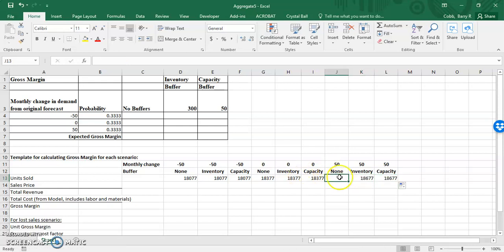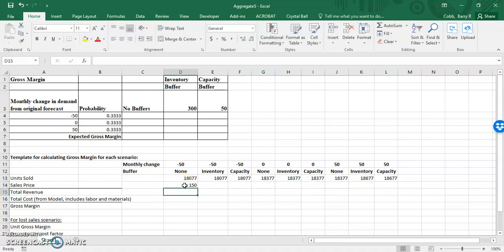In this one scenario, where demand actually increases but we have no buffer, we're going to assume in this example that within that 6 months we're not able to respond, so we would still just simply sell the original amount of the demand. As an opportunity cost, we'll consider the lost sales that we would incur in that case.